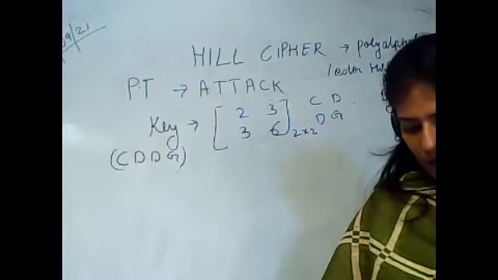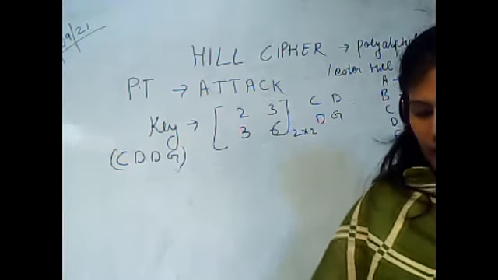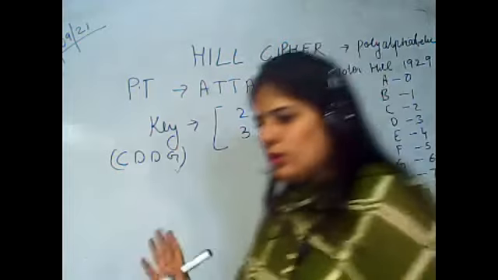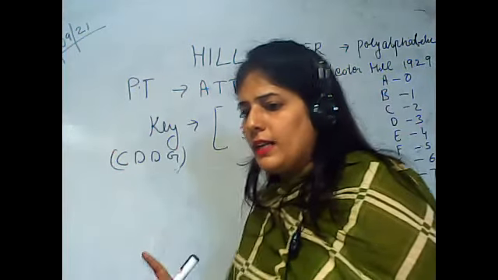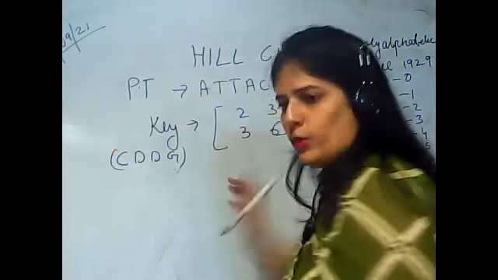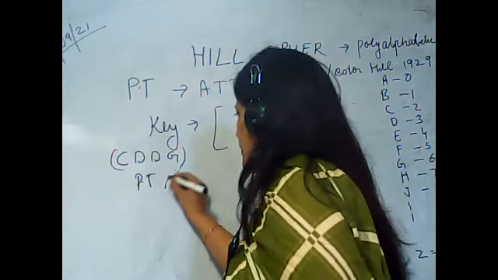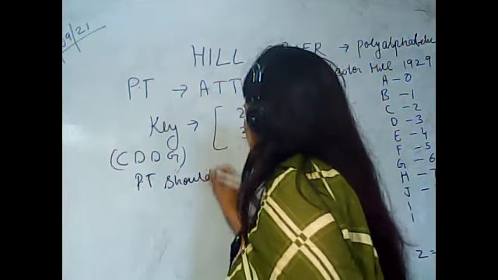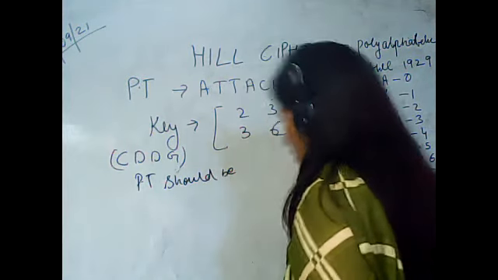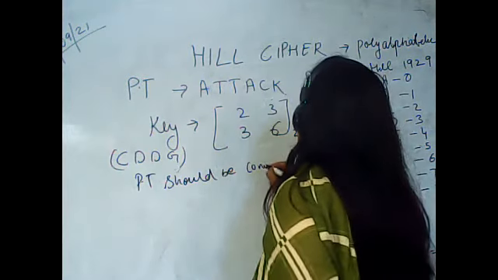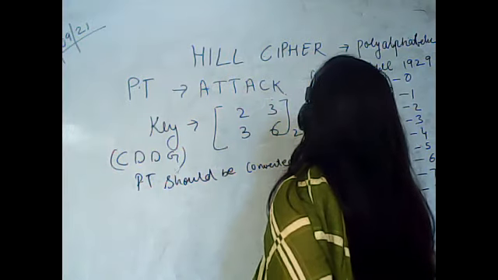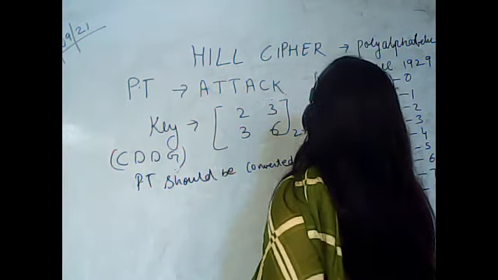Okay. So the third rule that you need to remember is that when you are taking a 2 by 2 matrix, your plain text should be converted to vector length 2.